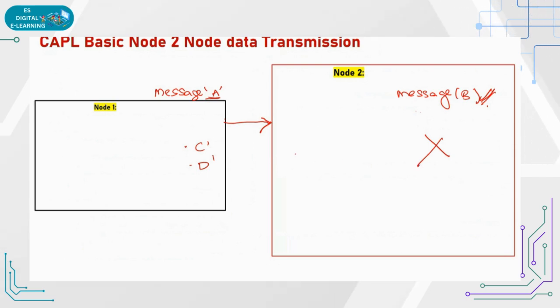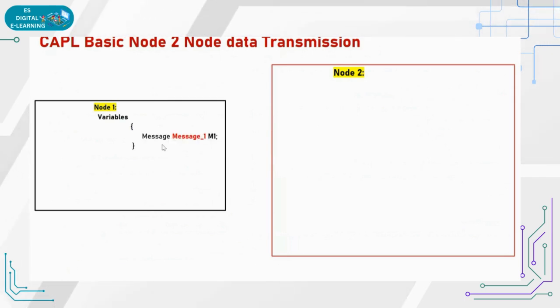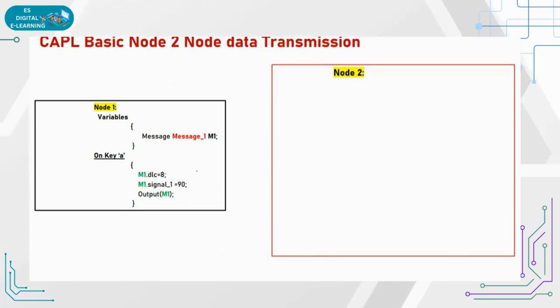So how we are doing the specific program for 2 nodes communication: in node 1, I have created one message M1, and whenever I press the key, I will make the DLC, and we can declare it like this also, the DLC, and the signal. My signal value I created like 90.